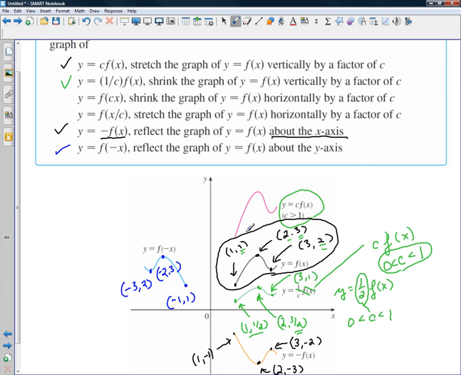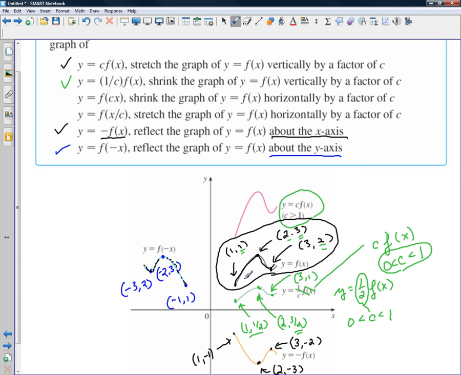So the blue one is a reflection across the y-axis. You might think about if you folded the paper up on the y-axis, if you folded this page or this projection up on the y-axis, and the black ink over here on the right was wet ink, it would leave a track over here when we folded it up, and it would be that reflection exactly across the y-axis.